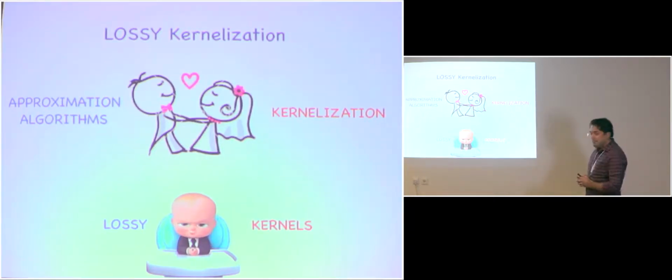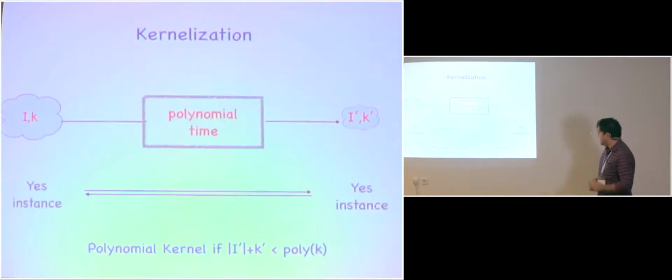Now, let me begin by reminding you the notion of kernelization as you've seen over the last 2 days. In kernelization, what we are trying to do is come up with efficient pre-processing algorithms where the input is an instance of a parameterized problem, which is usually a pair I, k. The objective is to, in polynomial time, come up with a reduced instance I prime, k prime, such that, of course, you don't want to flip the answer.